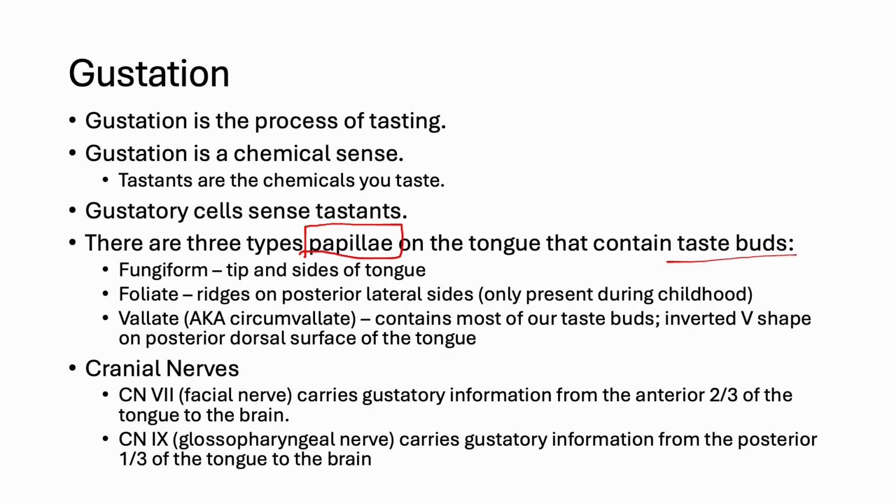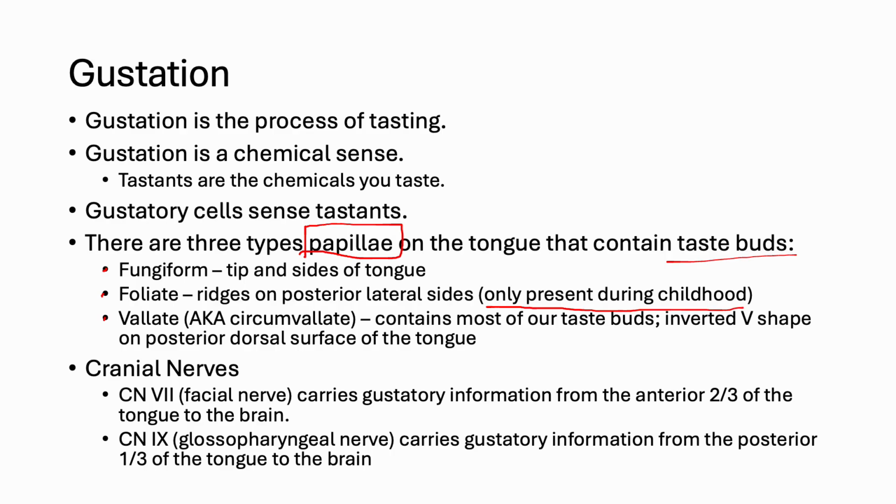And there are 3 different types of papillae that I want us to just briefly discuss. Okay, these 3 right here. So we have fungiform, and we'll look at an image, but these are going to be found on the tip or the anterior part of the tongue and the sides. The foliate are going to be on the posterior lateral, these kind of ridges, but these don't last into adulthood.